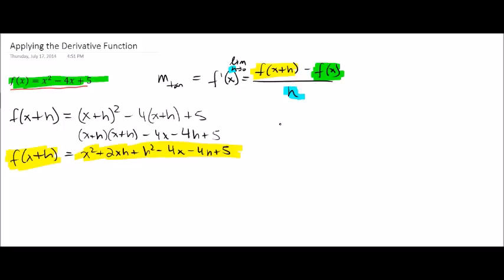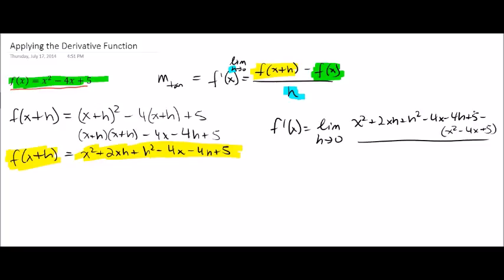So I'm going to say that the f prime of x is equivalent to the limit as h approaches 0 of x squared plus 2xh plus h squared minus 4x minus 4h plus 5 minus f of x, which is x squared minus 4x plus 5, all over h.